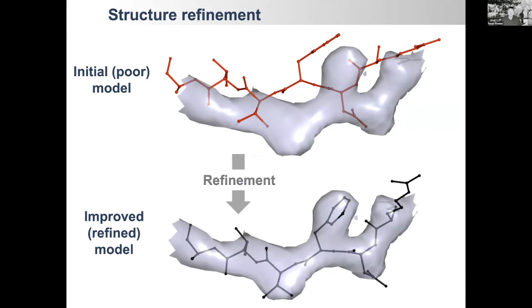Refinement, in case of crystallography, is basically a situation when you have your atomic model placed and built, and you want to fit it as good as possible to the experimental data. So basically that exaggerated picture illustrates the situation. You have a model very close to the density map. You want to massage it into the map as good as possible. That's, in essence, what refinement is.